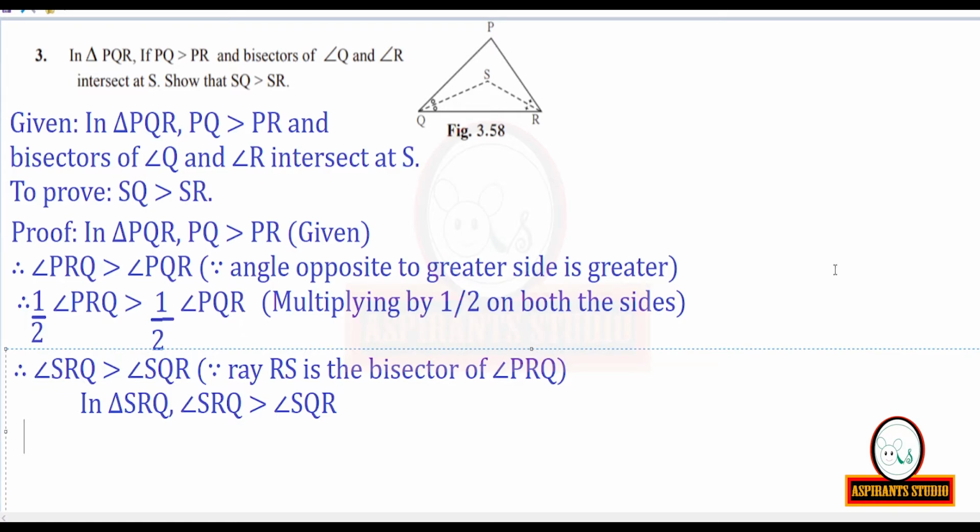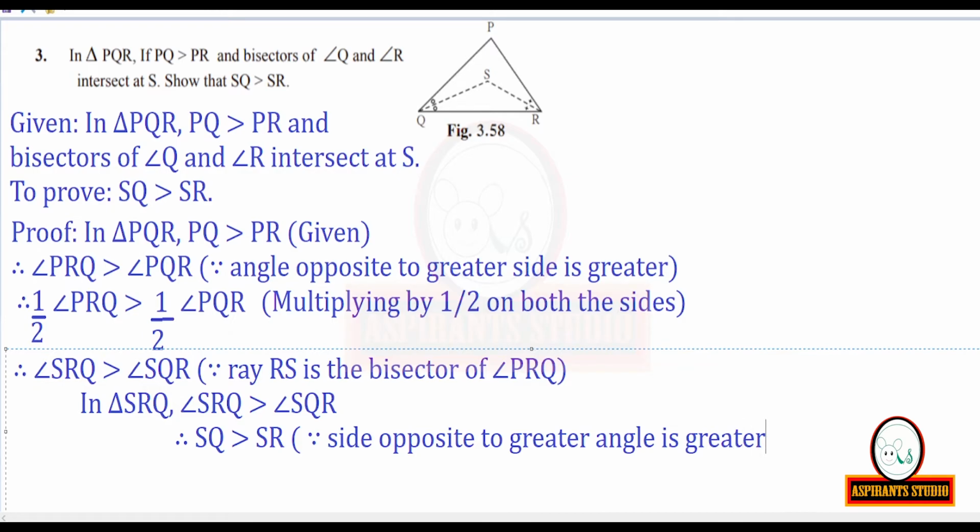Opposite to the greater angle SRQ, we have the side SQ, and opposite to angle SQR, we have the side SR. Therefore, SQ is greater than SR. Side opposite to greater angle is greater will be the reason. Hence, we prove that SQ is greater than SR.